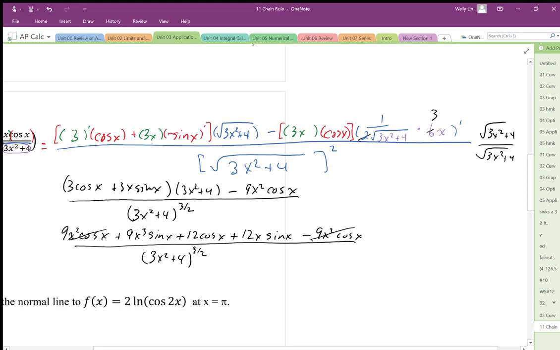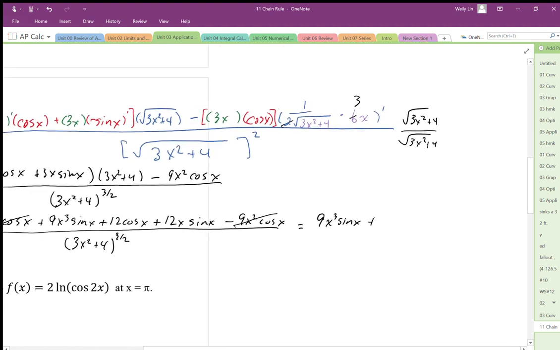There are some common factors involved there, but there's no common x factor, so it's not going to help us. So 9x cubed sine x plus 12 cos x plus 12x sine x, and that's all over 3x squared plus 4 to the power 3 over 2.